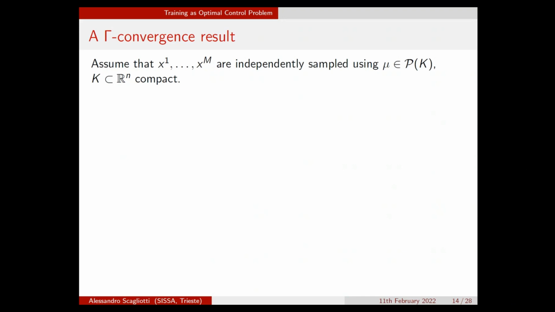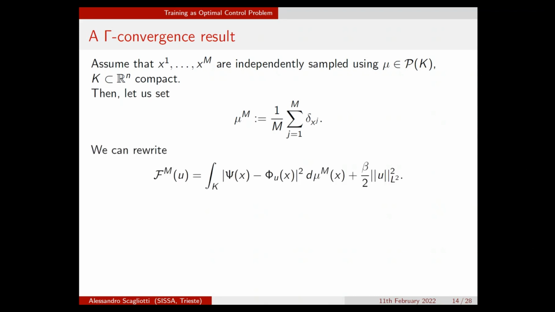We may assume that the ensemble of points x1, ..., xm are sampled using a probability distribution on the compact set K. Let's denote by mu m the empirical distribution associated to the observations. We just rewrite the functional Fm using this empirical probability measure in place of the summation, and the functional is exactly the same. And now I'm going to present you the gamma convergence result.